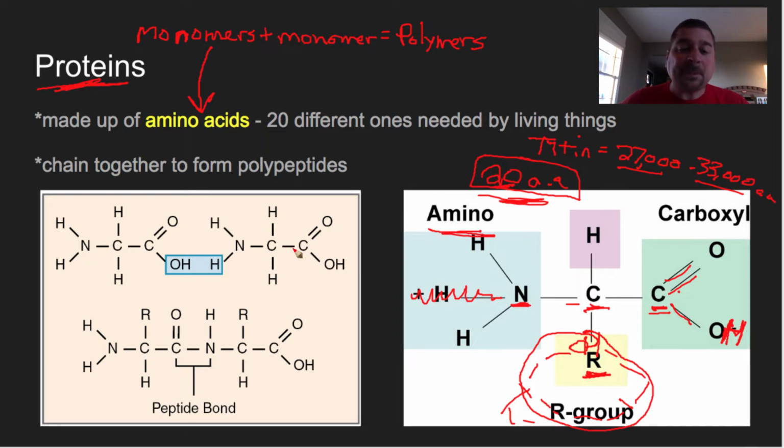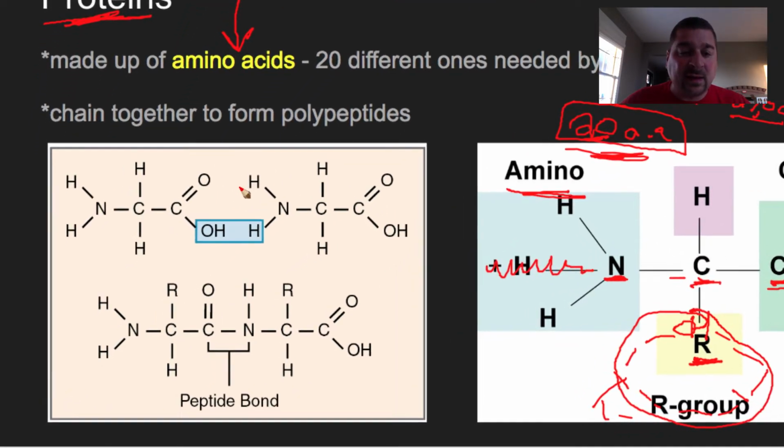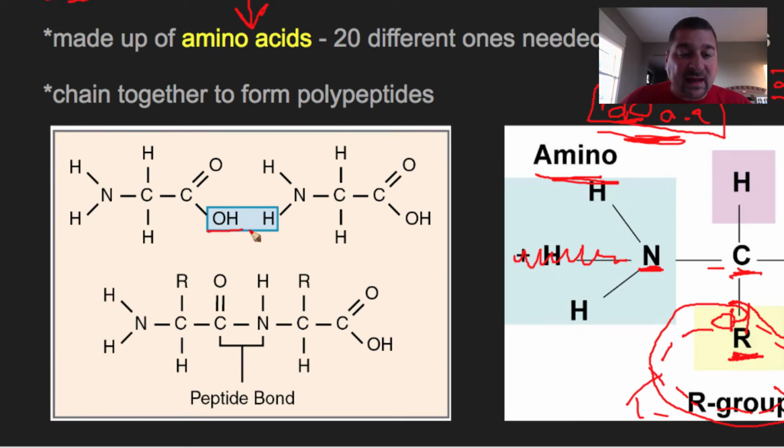How are these things linked together? Remember, we take out a water. Between amino acid number 1 and amino acid number 2, we take out a water, HOH or H2O, and then it's going to use that bond right there. This is what we call a peptide bond.